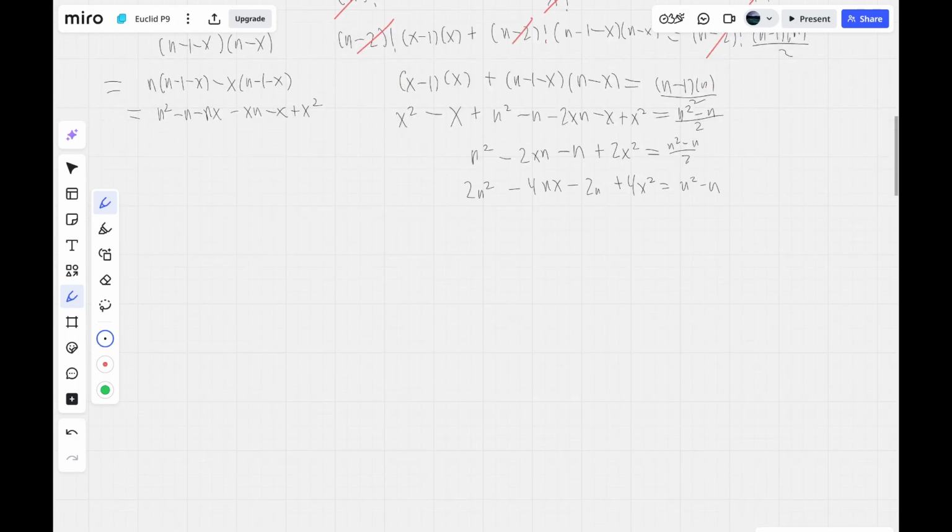And now this is a quadratic, right? So we can just move all of them to the same side. The n squared moves to here, that cancels with a 2, so it's n squared minus 4nx. And the minus n decreases from a 2 to a 1, so it's minus n plus 4x squared is equal to 0.